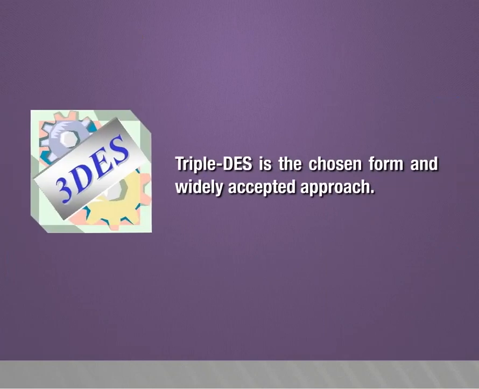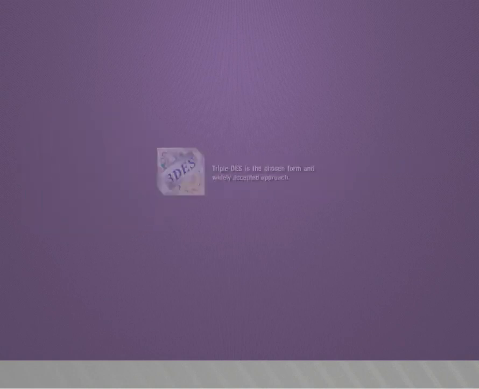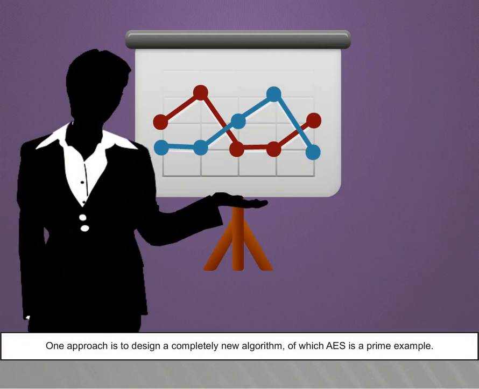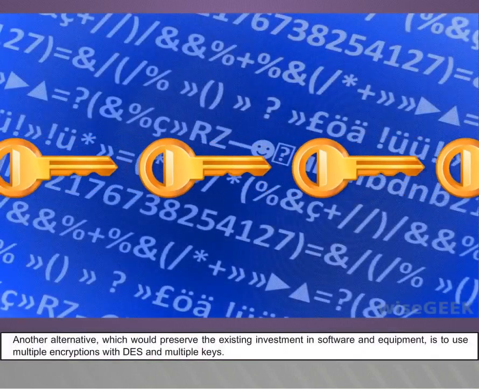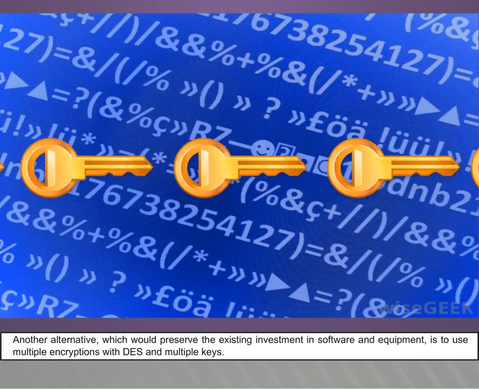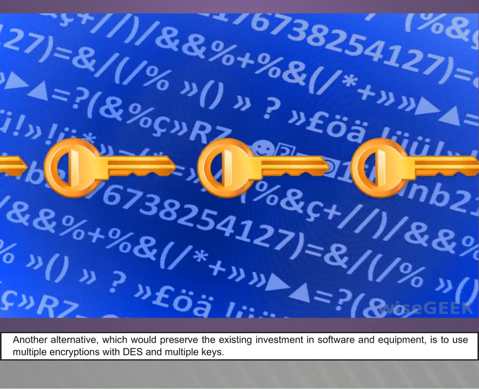Triple DES is the chosen form and widely accepted approach. One approach is to design a completely new algorithm, of which AES is a prime example. Another alternative, which would preserve the existing investment in software and equipment, is to use multiple encryptions with DES and multiple keys.